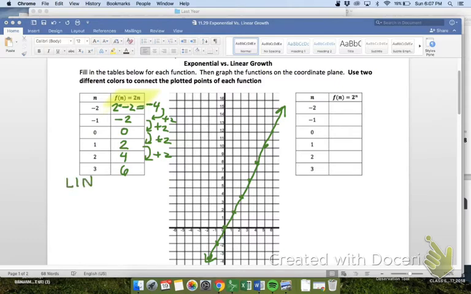So we know this is a linear function, and the general form is y equals mx plus b. As we can see in the table, we can tell a function is linear because it's growing by a constant amount.